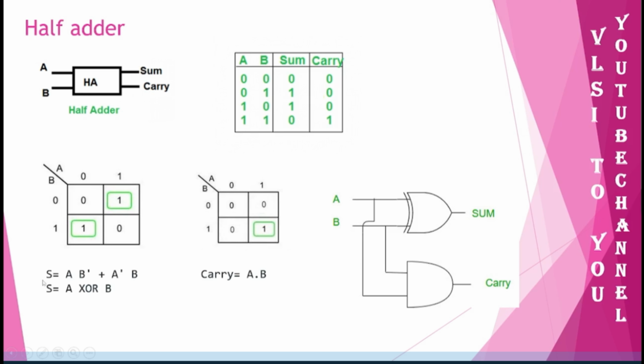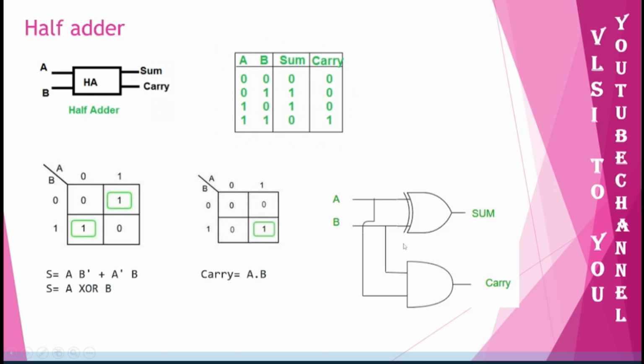So from a half adder you will be designing the logic. You know that for the half adder, sum is a XOR b and carry is a AND b. With these two logics you will be designing the structure. Structure is nothing but forming the circuit based on the particular logic. So a AND b means an AND gate, and a XOR b means an XOR gate.